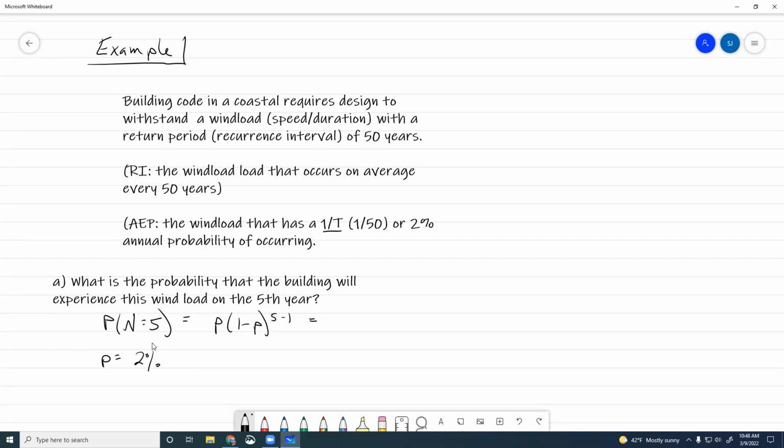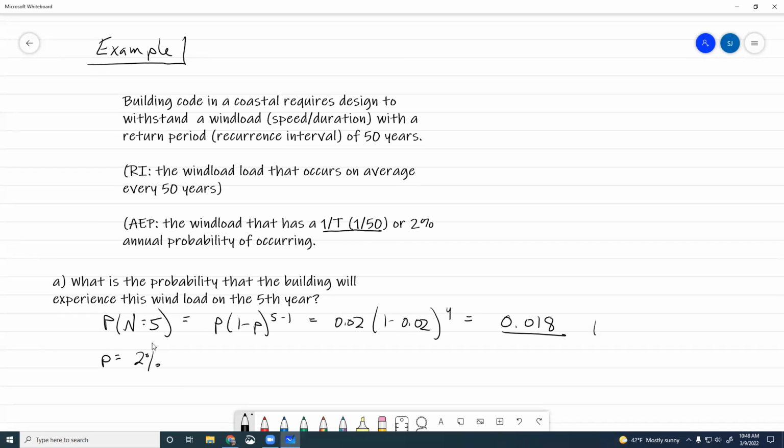We already did that up here. It's just the reciprocal of the return period, and if we want to find the return period, it's the reciprocal of P. And that gives us 0.018. Kind of close to that 2%, but it's not necessarily related.